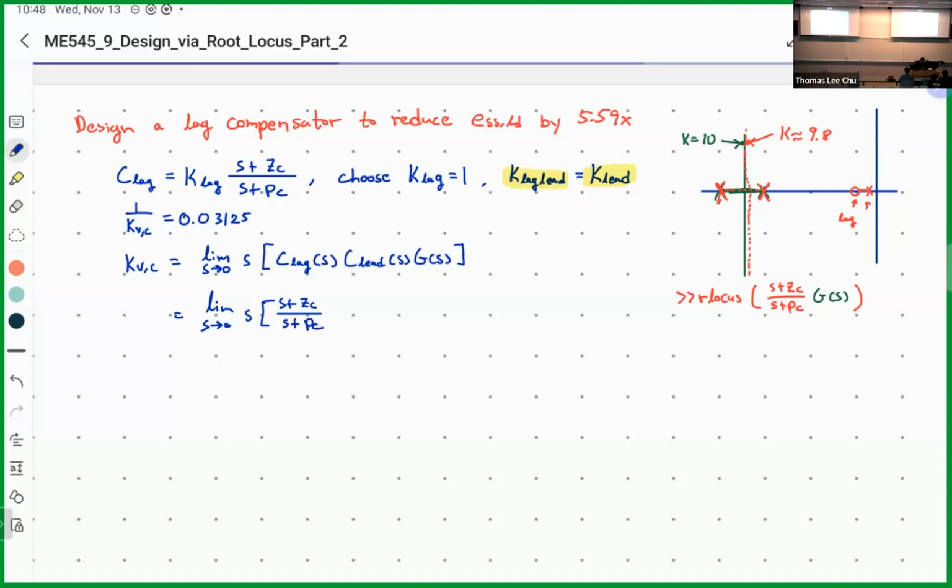S plus PC over S plus ZC multiplied by the lead, which is 1,360 multiplied by S plus 5 divided by S plus 19.8, divided by 1 over S times S plus 6 times S plus 10. The S's cancel out, and then we're left with this.